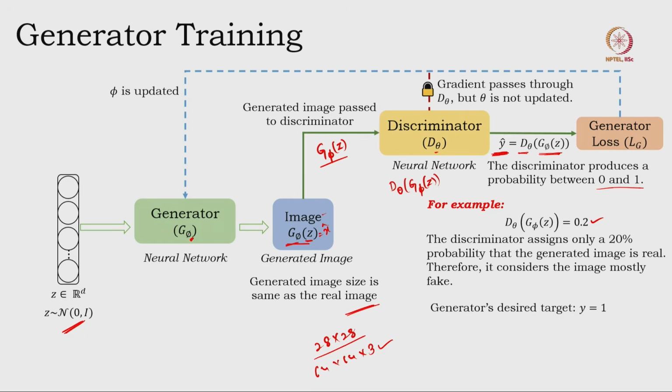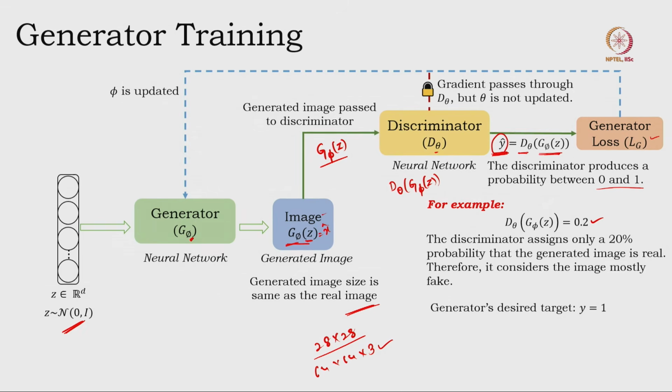Now, when it has predicted y hat, the next step is to calculate the loss. What is the loss here? The generator loss, which is denoted as LG. If you have to calculate the loss, you need to have the ground truth also. If y hat is the output, you need to have y also. We are discussing generator training.